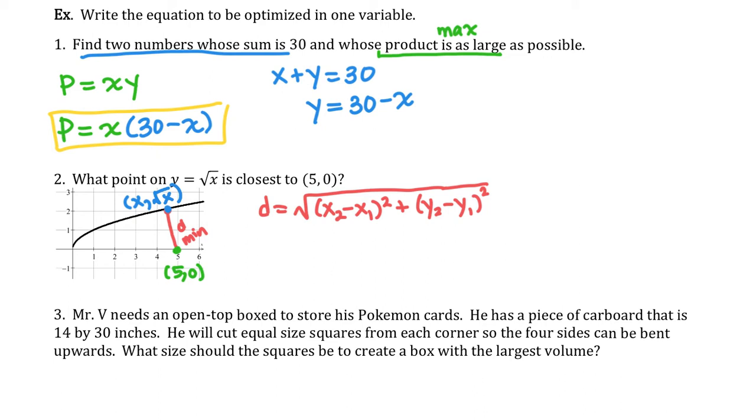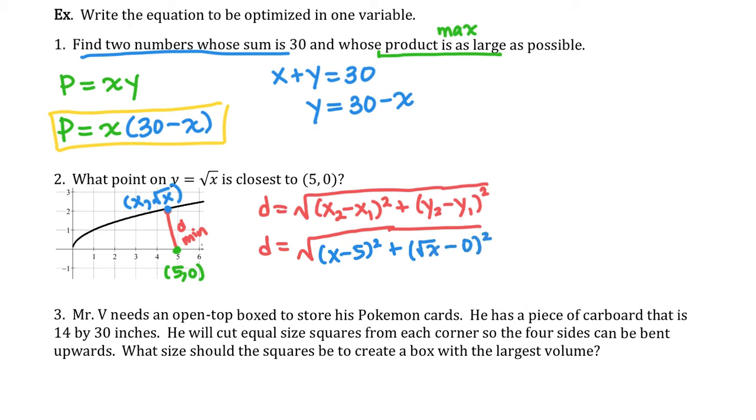Okay, let me plug this in and then stare at my equation. Okay, x2 minus x1. Let's just do x minus 5. And then in the other way, I have root x minus 0 squared.